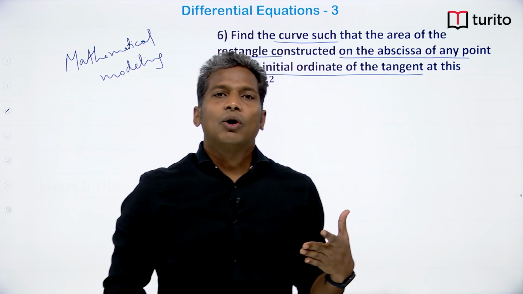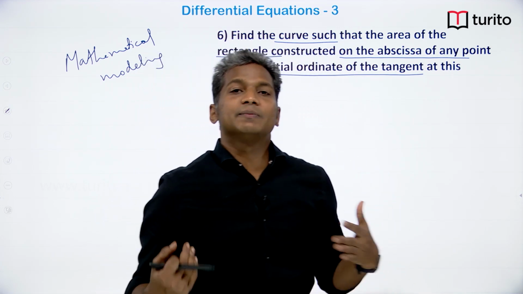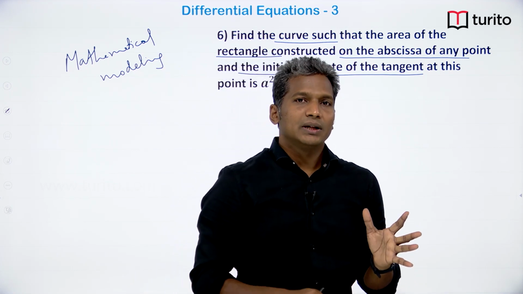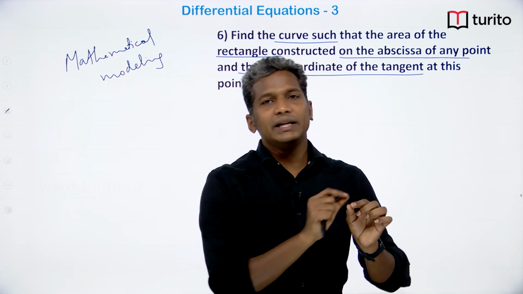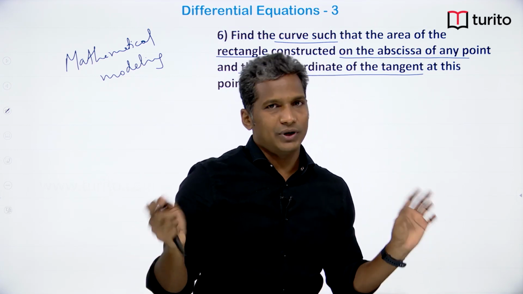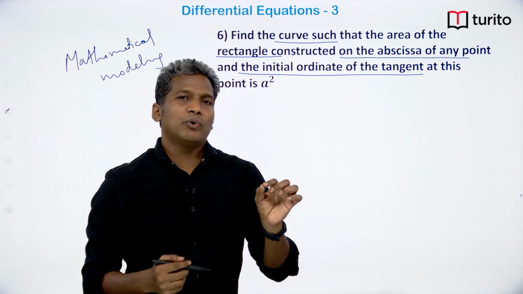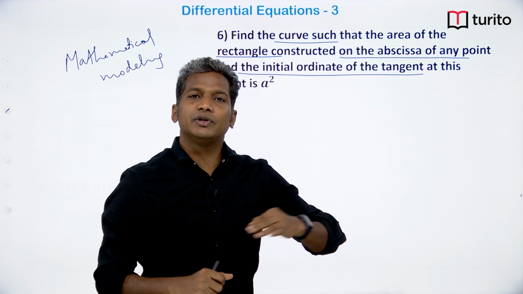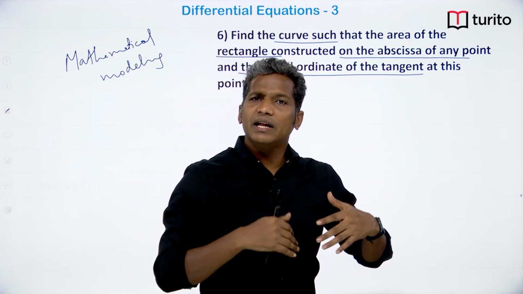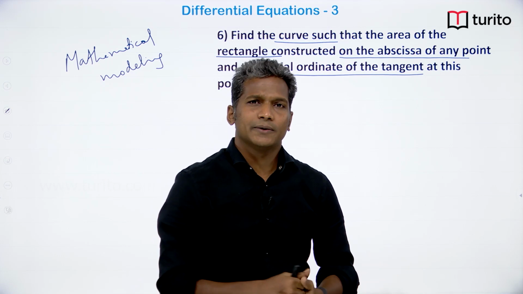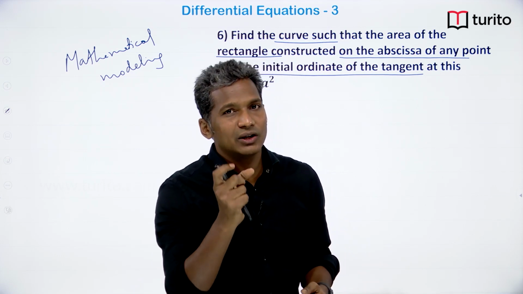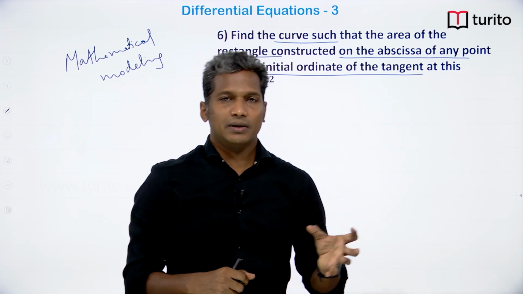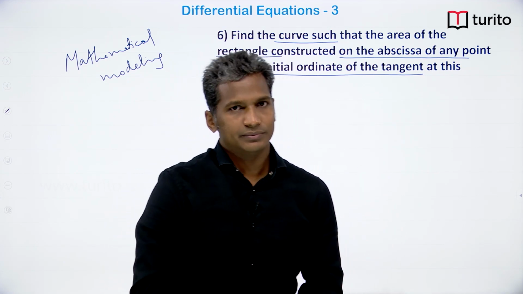Initial ordinate or initial abscissa, this means x-intercept and y-intercept. Remember that for any line, on any line there are actually infinite points, right. So for every point there is one abscissa, there is one ordinate. So like this, if you look for the entire line, there are infinite abscissa and infinite ordinates. But when we say initial ordinate, it means y-intercept. When we say initial abscissa, it means x-intercept, okay.